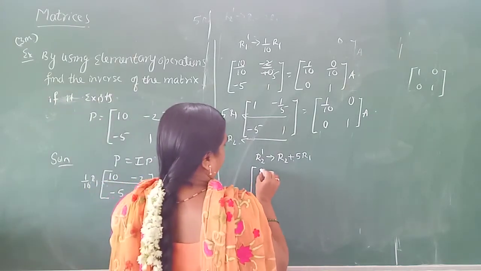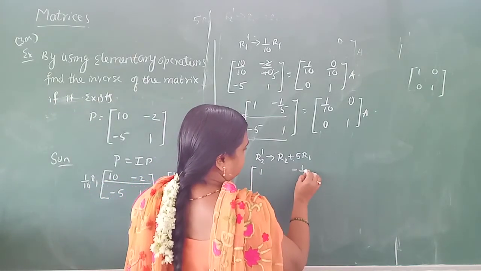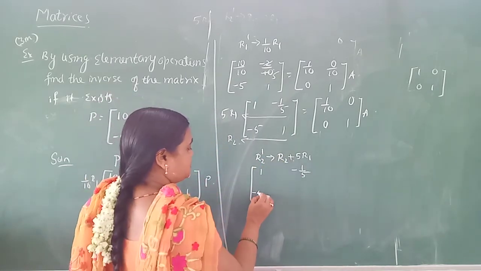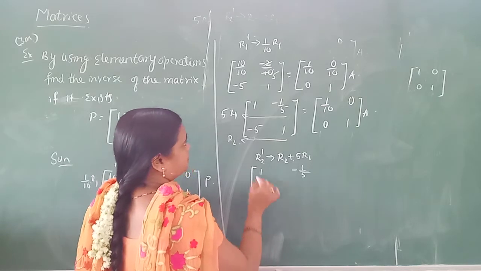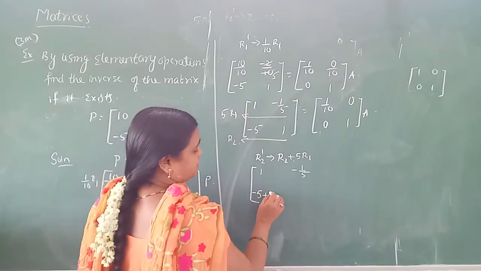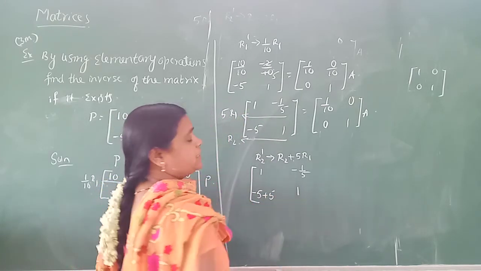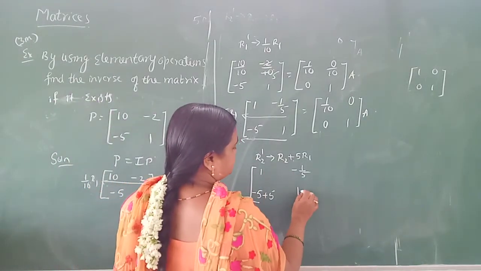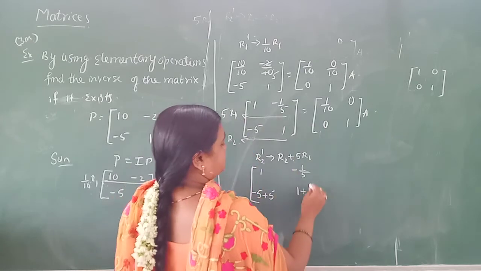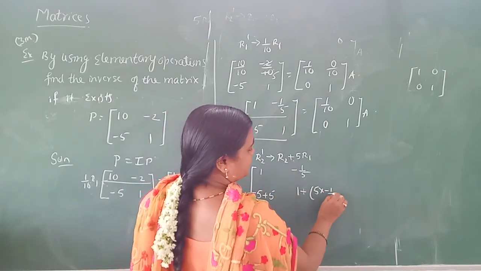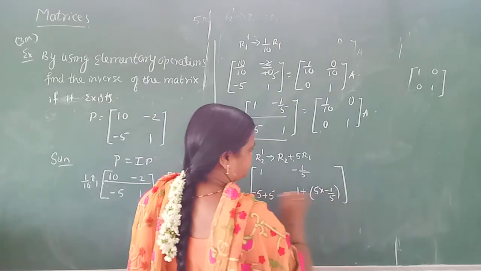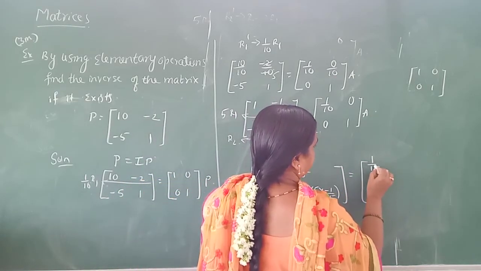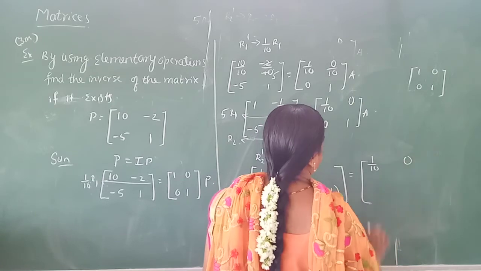Therefore 1, minus 1 by 5, as it is we are writing. Second row: 6 minus 5 plus 1 into 5. What will it be? 5, 1 as it is. Okay. Next, plus, multiply 5 into minus 1 by 5. 1 by 10, 0 as it is.